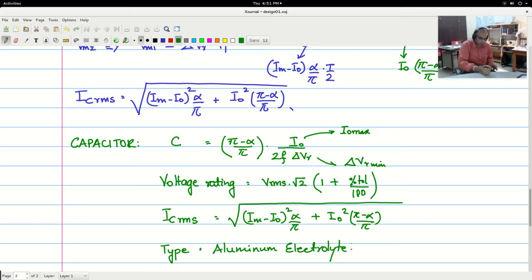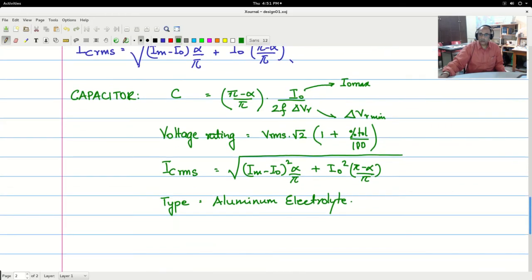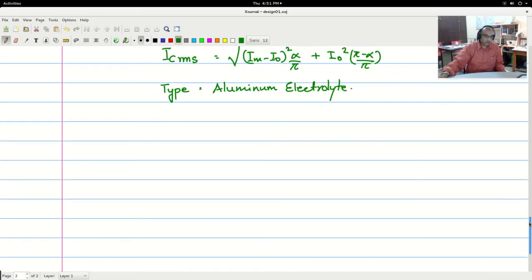Now for the diode. The diode, if you see, when the diodes are off, they would see a maximum voltage, the peak inverse voltage, would be Vrms root 2.